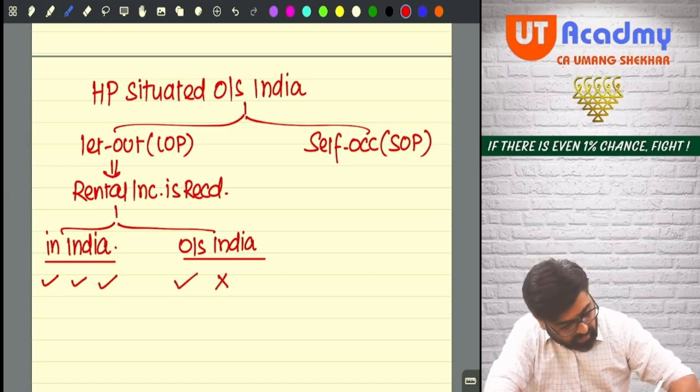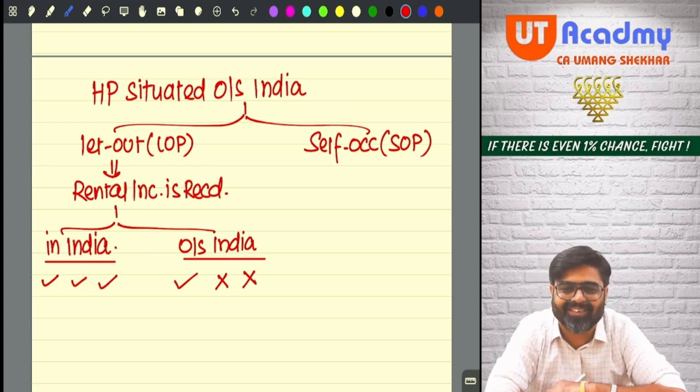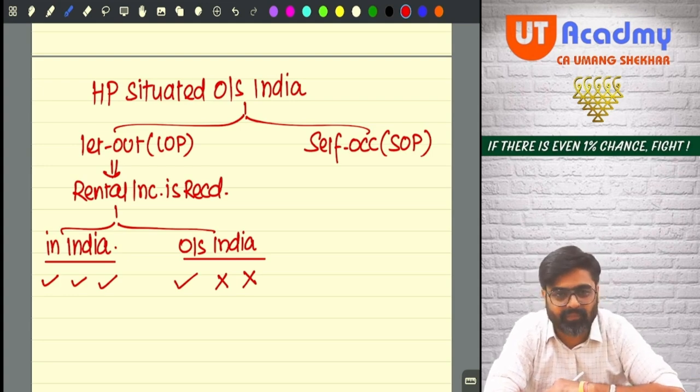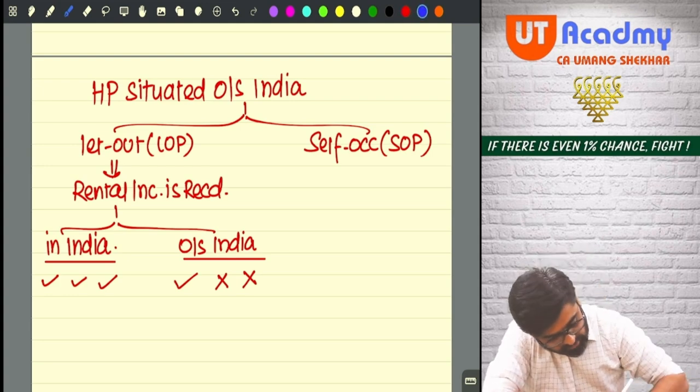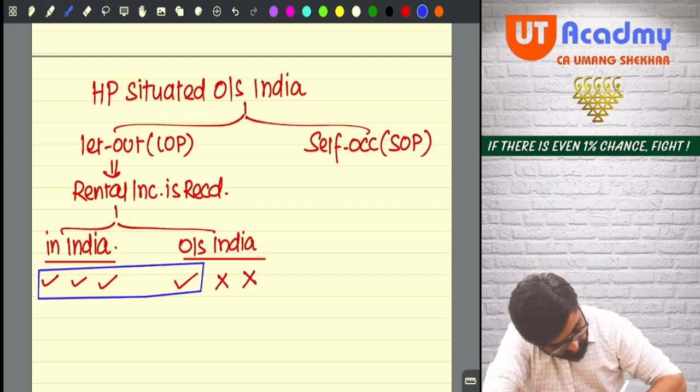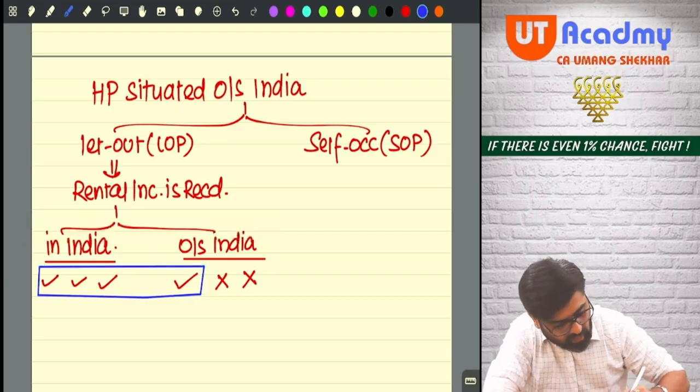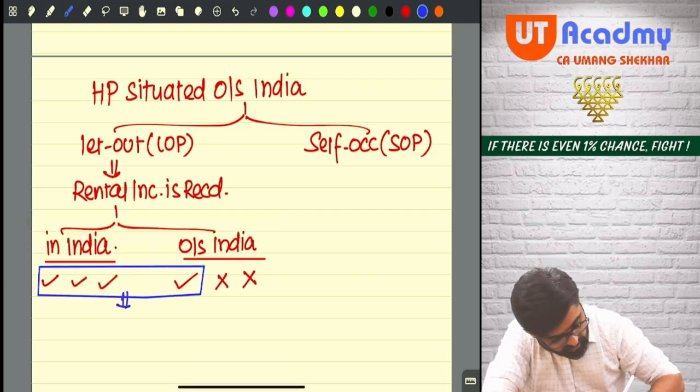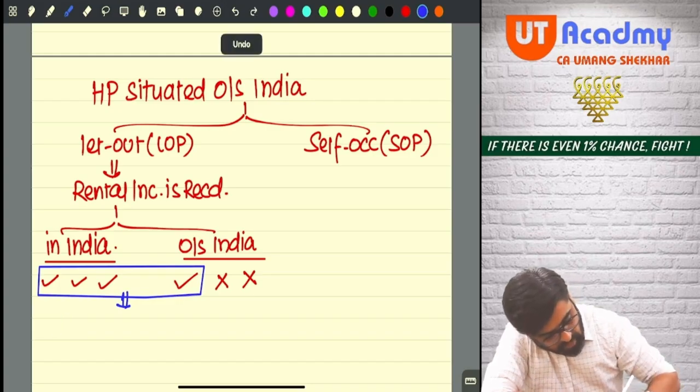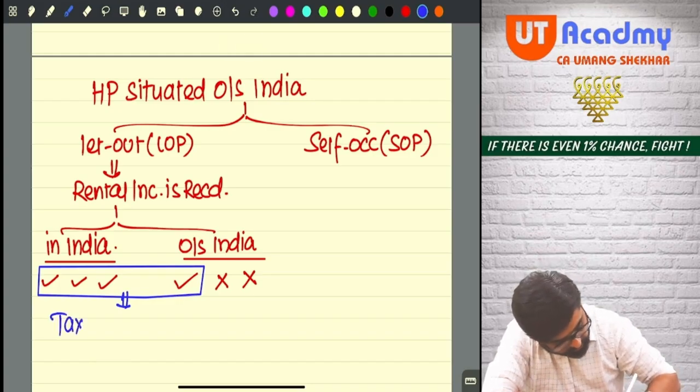If it is a part B foreign income, what do we do? Tick, cross, cross. So meaning that in all these cases, the rental income of the house property is taxable in India.